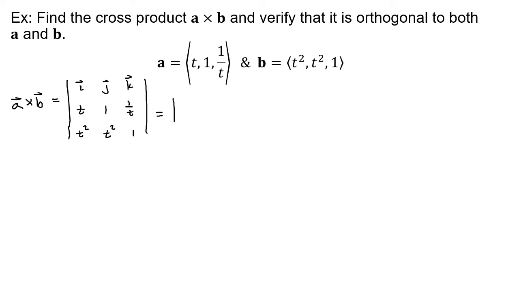And so on the i I would get the 1 over t, the t squared, and 1. Then I'd have a minus. On the j, I'd have a t, a 1 over t, a t squared, and a 1. And on the k, I would have t, 1, t squared, and t squared.